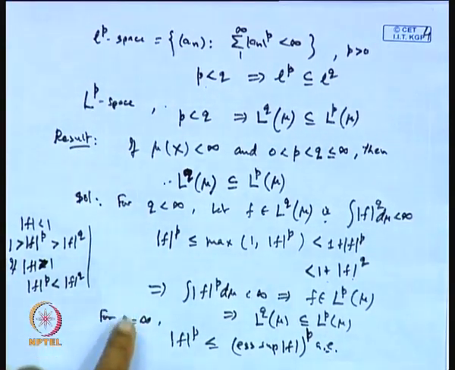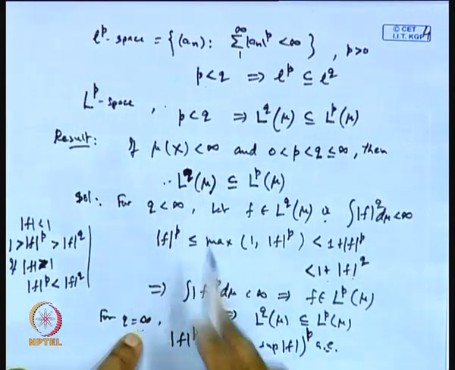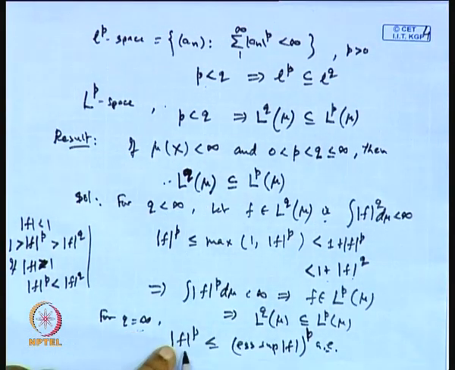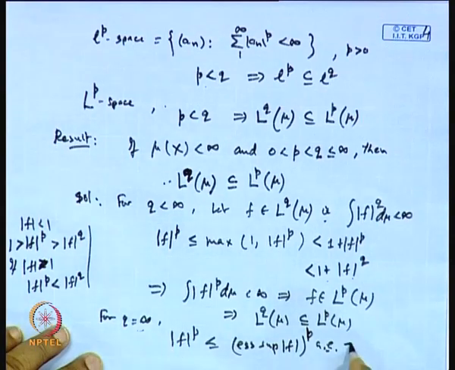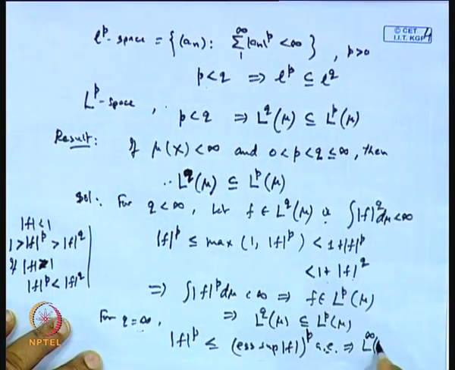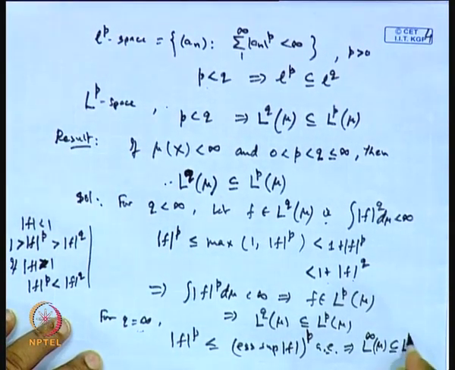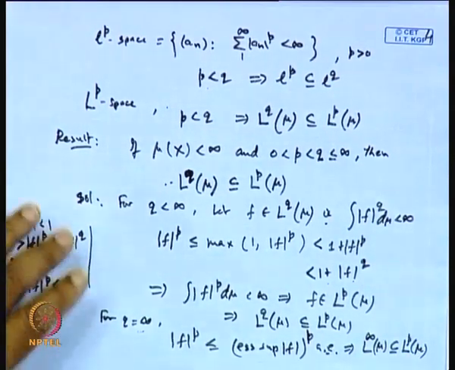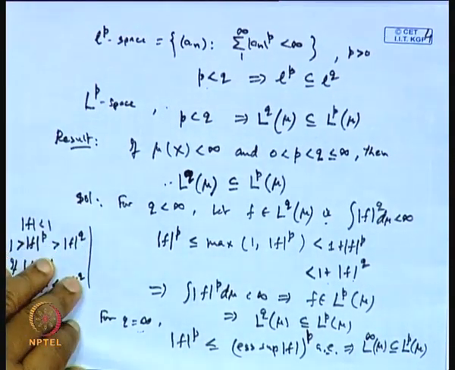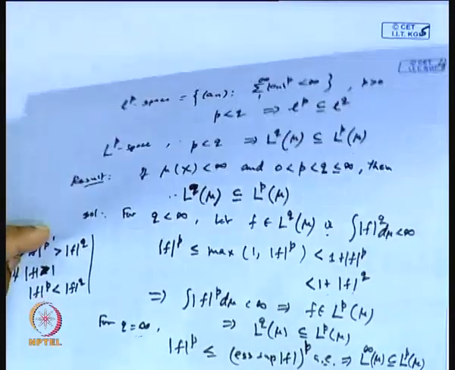Now, if f belongs to L^infinity(mu), it means this is finite. So this has to be finite. This implies L^infinity(mu) is contained in L^p(mu), and like this. So this follows the results. Okay, so we get the things.